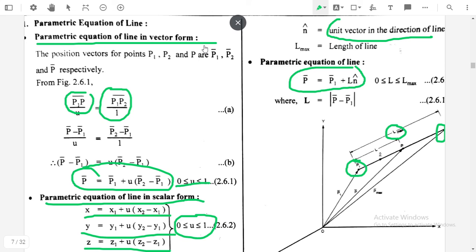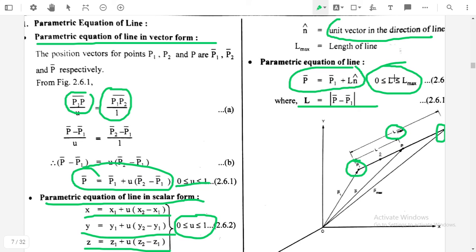So the parametric equation of the line is p bar is equal to p1 bar plus L into n cap, where L varies from 0 to L max. Here L is the length along the line, and it is given by p bar minus p1 bar. So in this way we can represent the line.